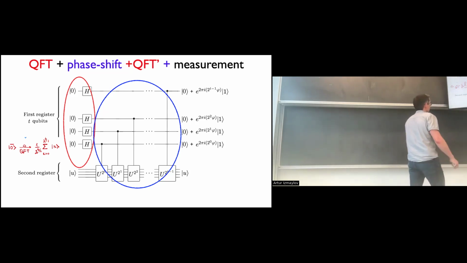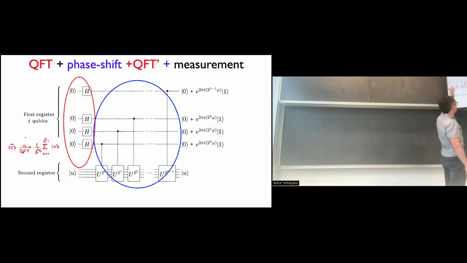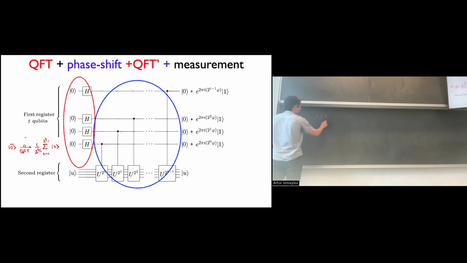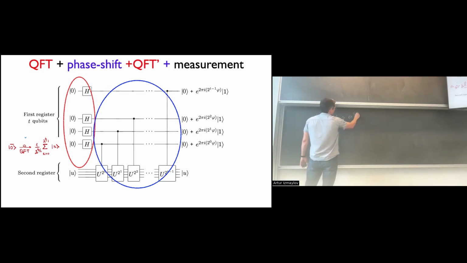Remember what I said, the J state in the Fourier transformation is put into the phase e to the 2 pi i J k divided by N, right?